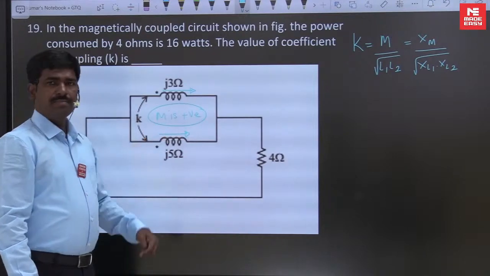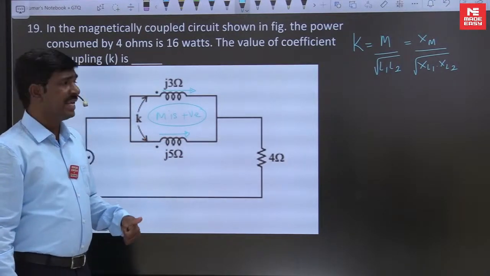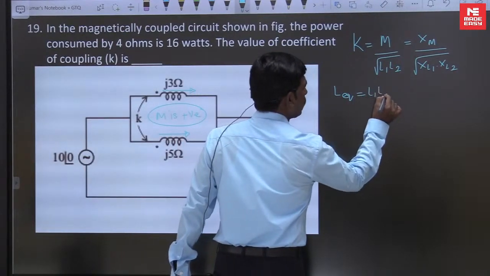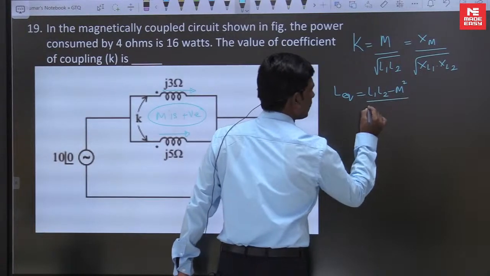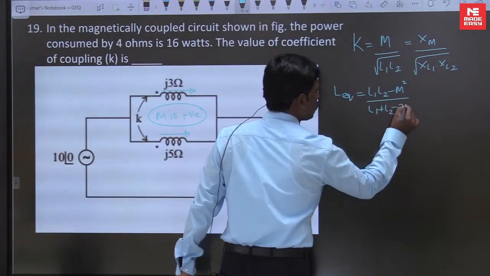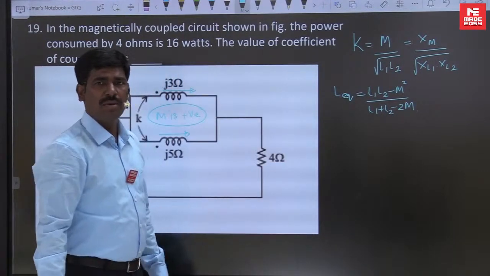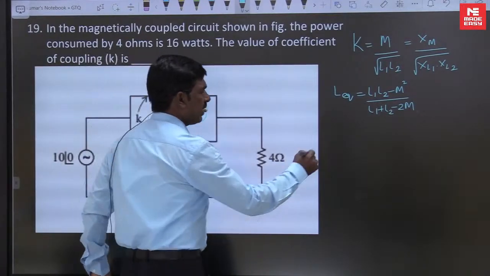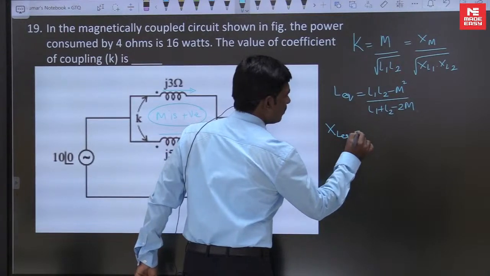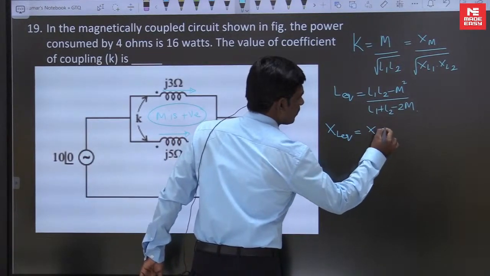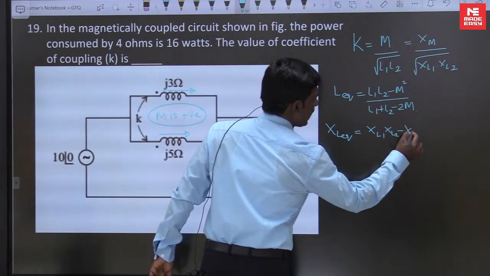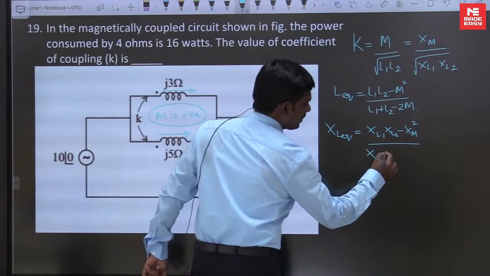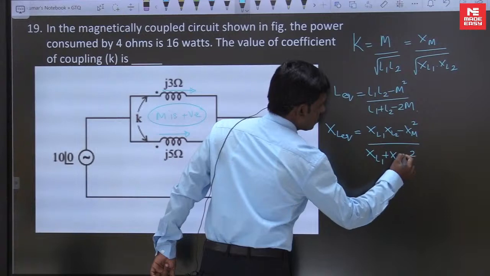Both are connected in parallel, so for parallel aiding, the formula is L equivalent equal to L1 L2 minus M squared by L1 plus L2 minus 2M. But here the L values are not given, so we can write XL equivalent is equal to XL1 XL2 minus XM squared upon XL1 plus XL2 minus 2XM.